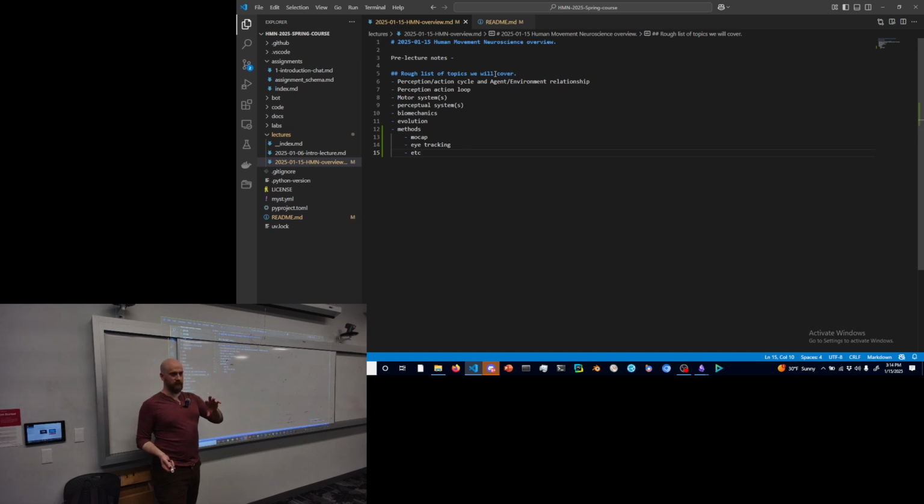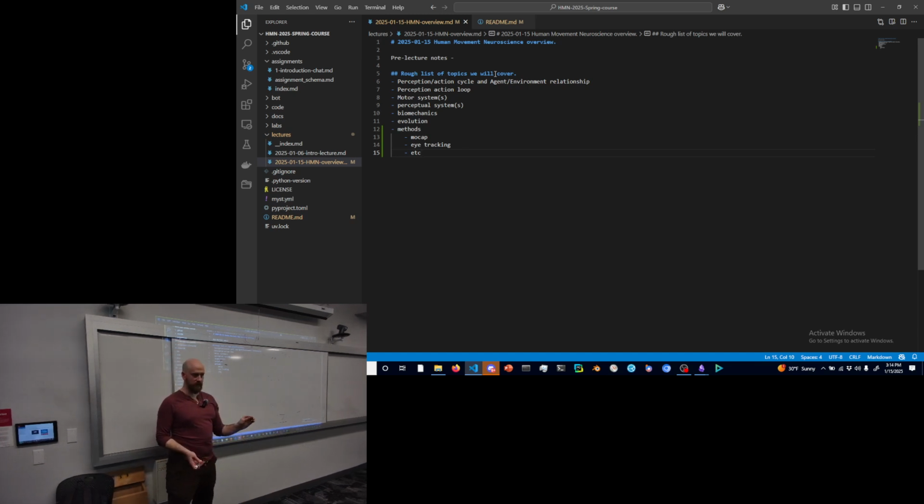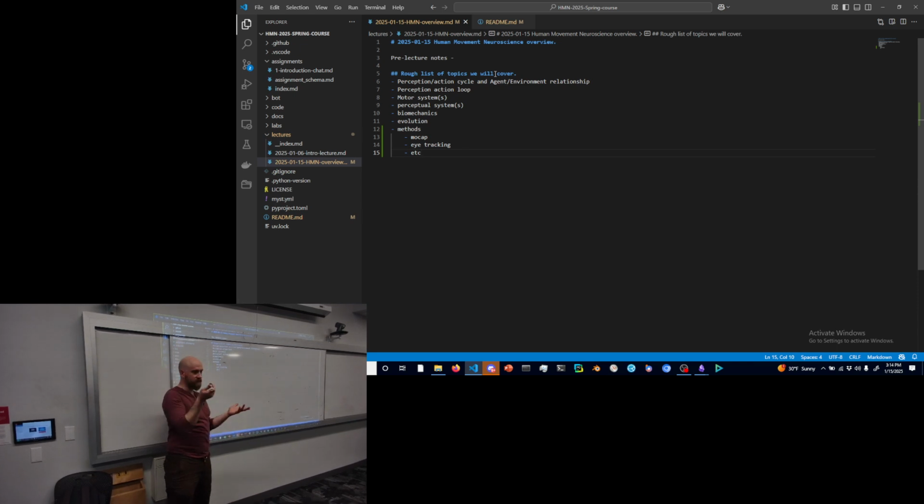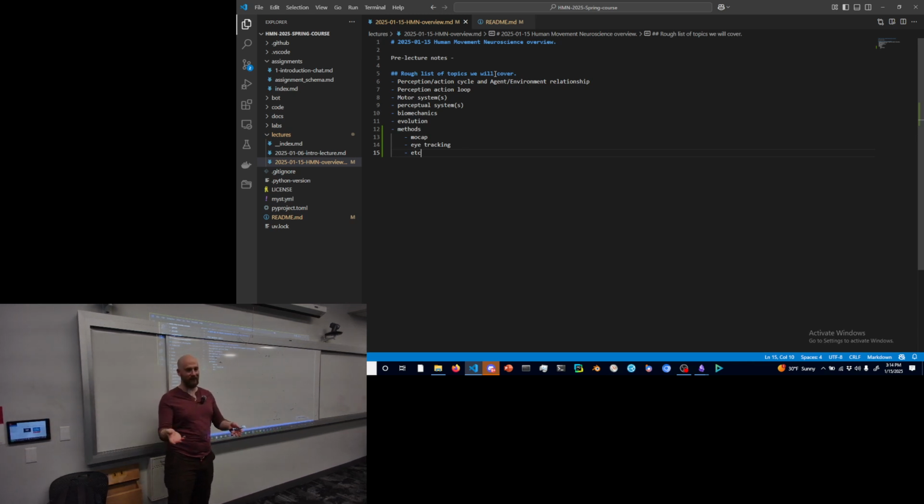I look at the research of the people who are doing the highly reduced electrophysiology studies where they put electrodes into the brains of various animals, or fMRI where they have people in a tube and they're looking at the magnetic resonance of the hemoglobin in their brain. But my particular domain of research focuses on humans behaving in natural environments, doing the kinds of stuff that we do in our day-to-day lives.